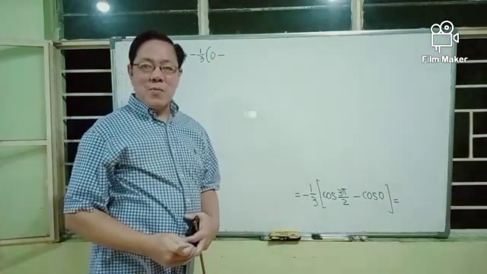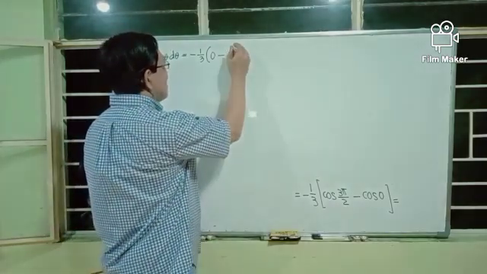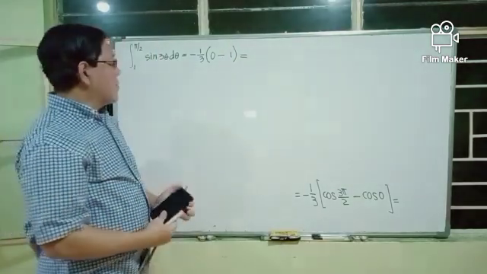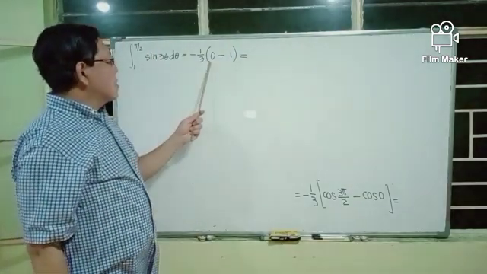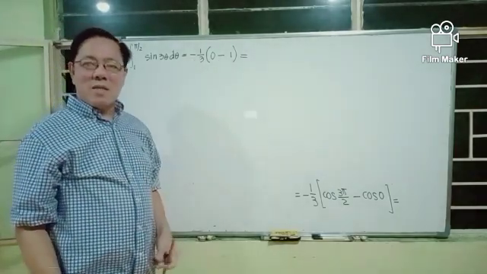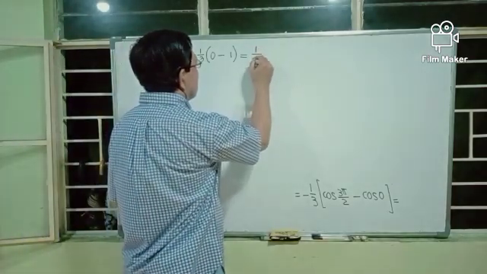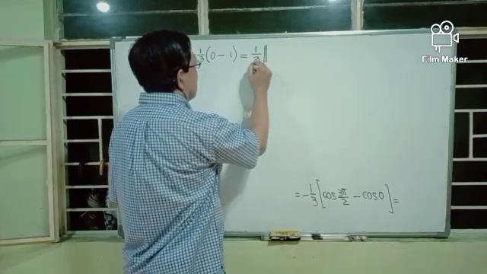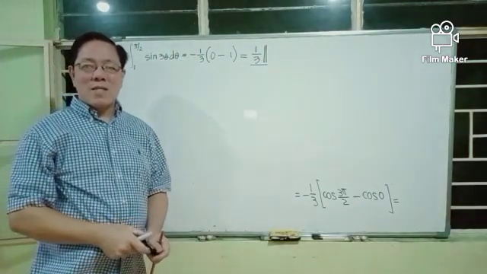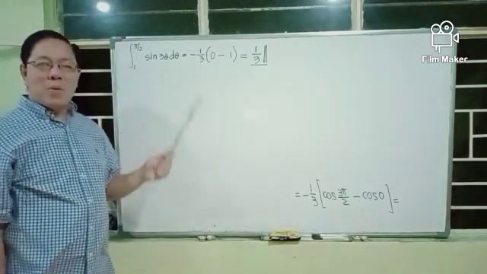And cosine of 0 is equal to 1. This simplifies to 0 minus 1 is negative 1, multiplied by negative 1/3 is positive 1/3. And 1/3 is the integral of sine 3 theta d theta evaluated from 0 to pi over 2.